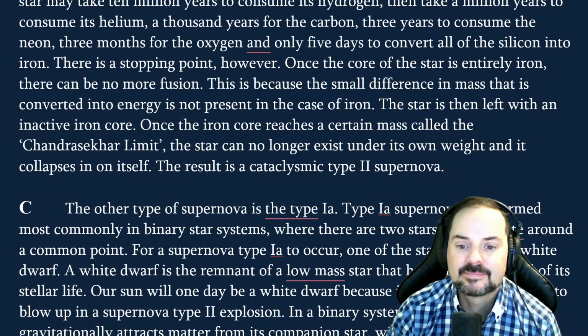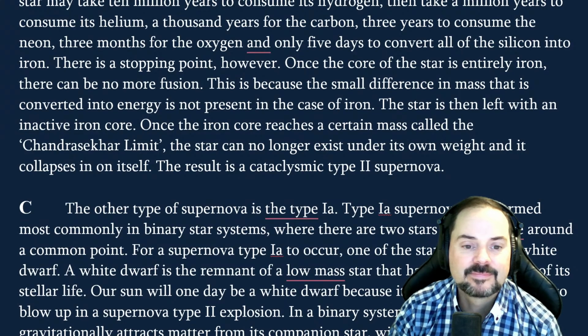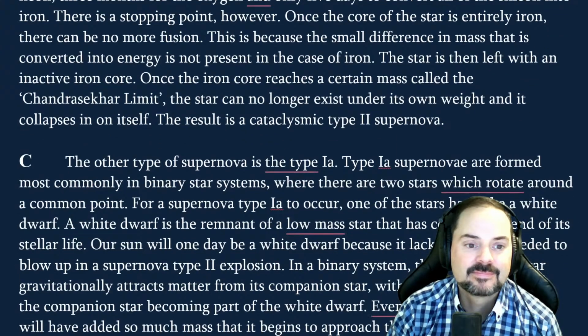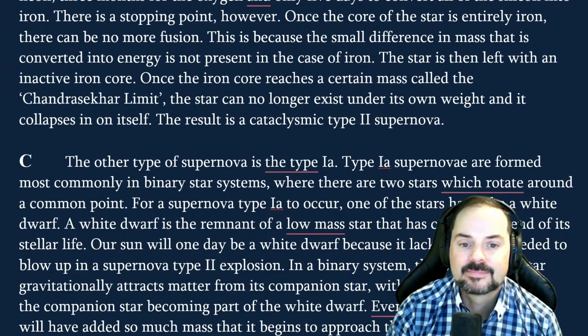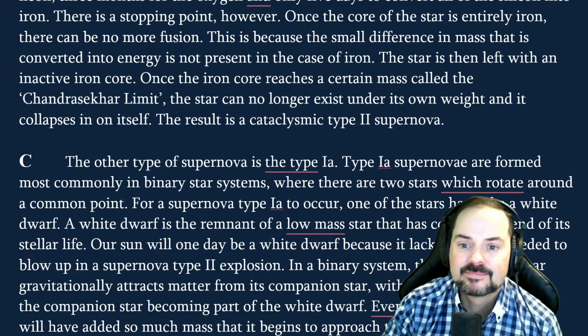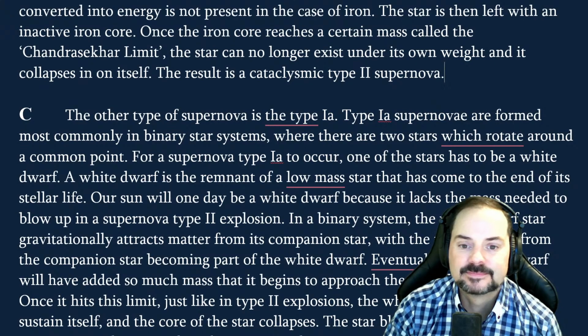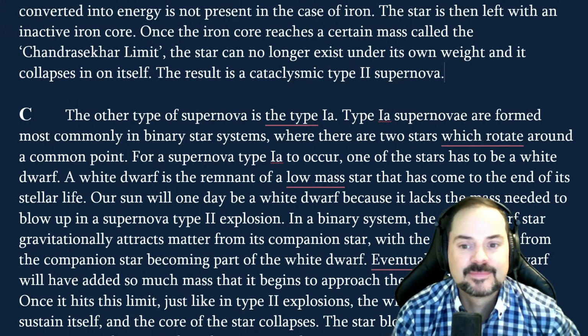This is because the small difference in mass that is converted into energy is not present in the case of iron. The star is then left with an inactive iron core. Once the iron core reaches a certain mass called the Chandrasekhar limit, the star can no longer exist under its own weight and it collapses in on itself. The result is a cataclysmic type 2 supernova.